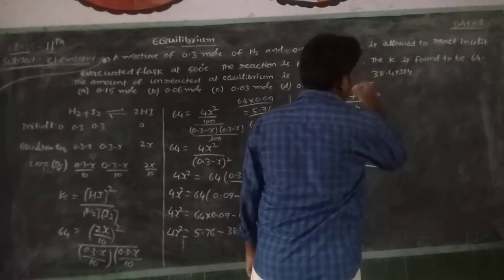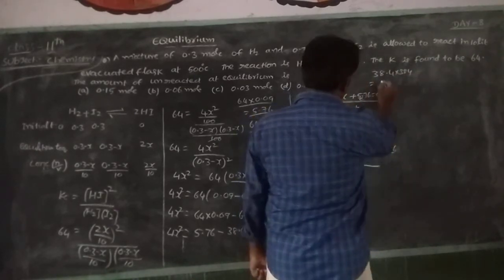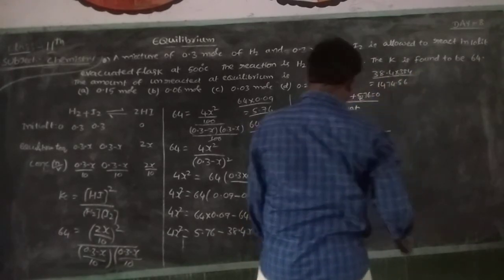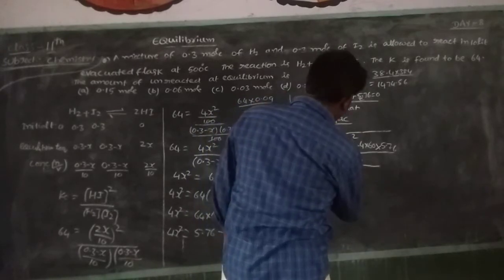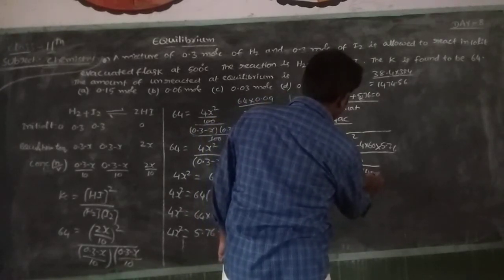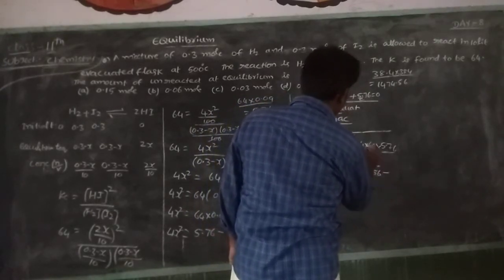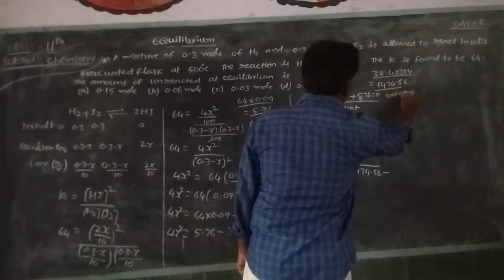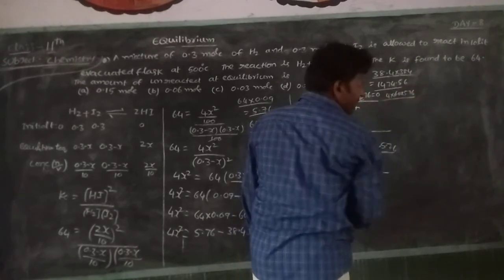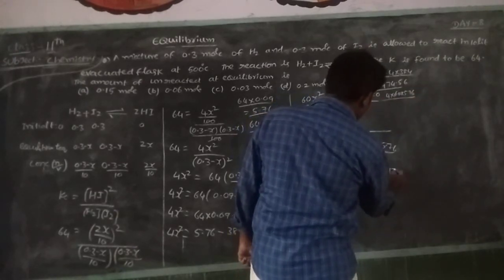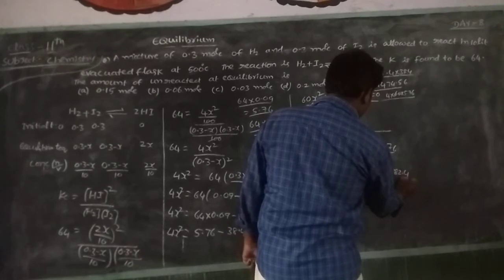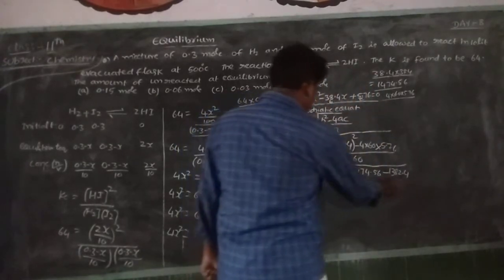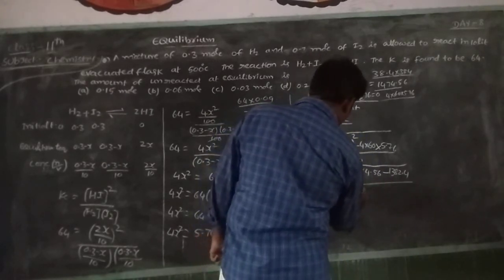How to get it, 1474.56, and we have to calculate 1474.56 minus 4 into 60 into 5.76. We have to calculate 1382.4. Okay, by 120.